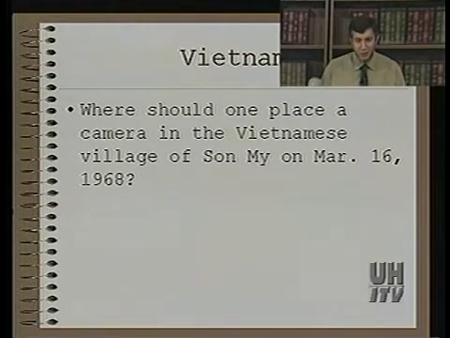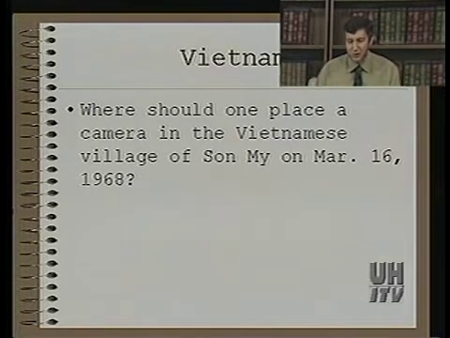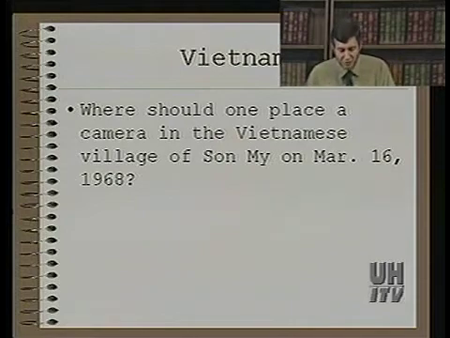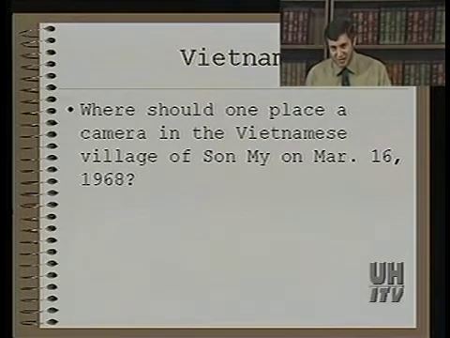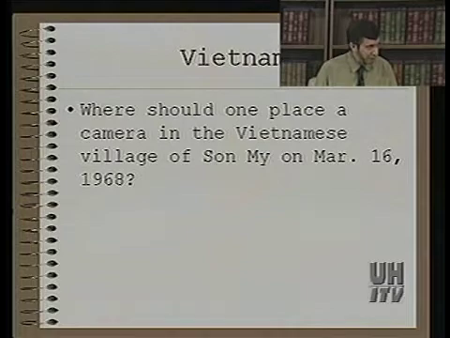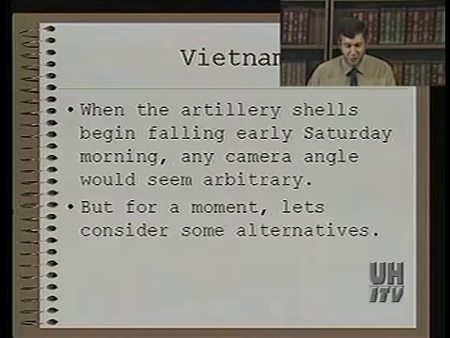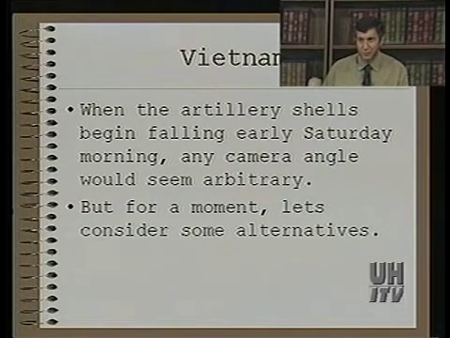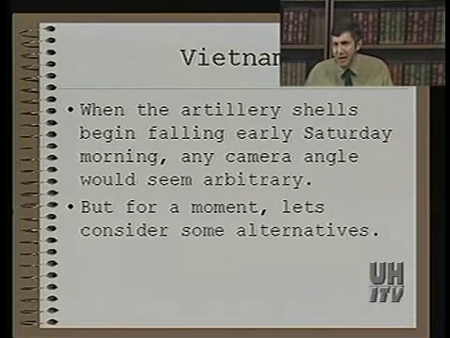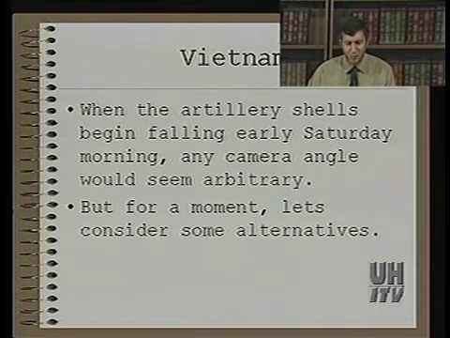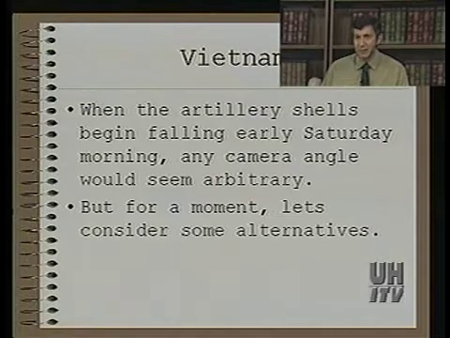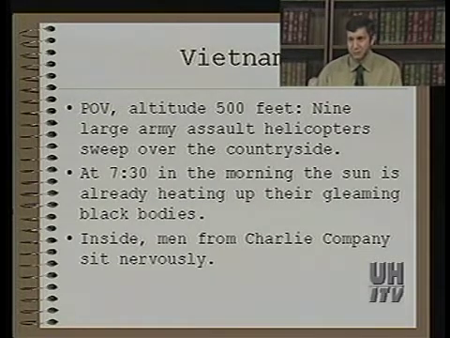So we're going to talk about a Vietnamese village, March 16th, 1968, and what happened there from different points of view. When the artillery shells begin falling early on that Saturday morning, any camera angle would seem to be arbitrary. But for a moment, let's consider the alternatives.